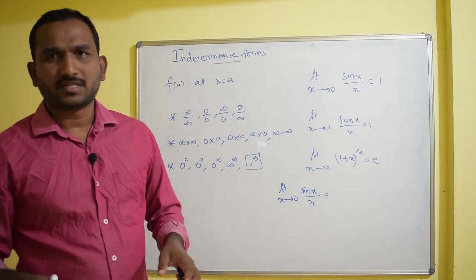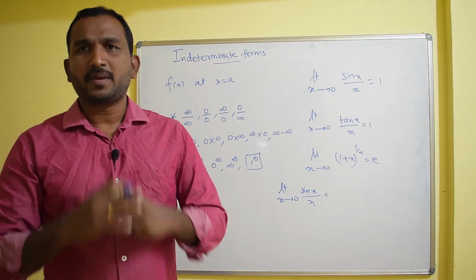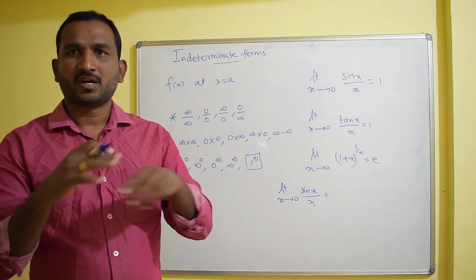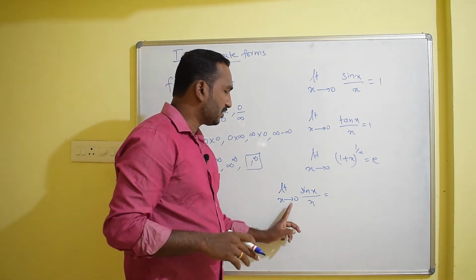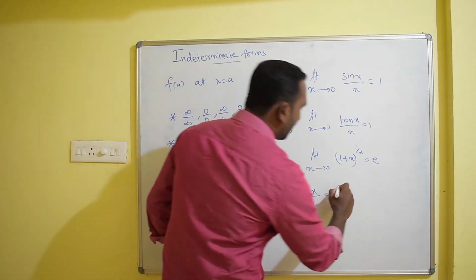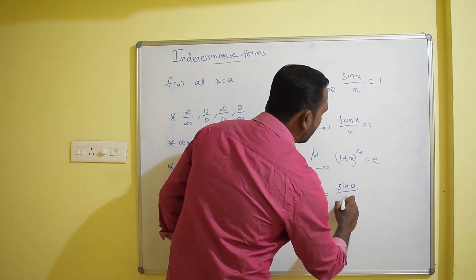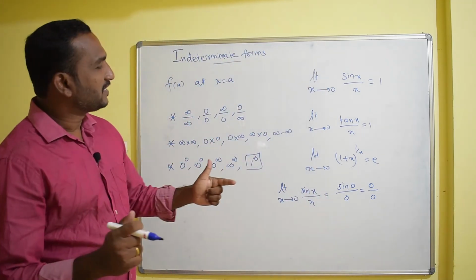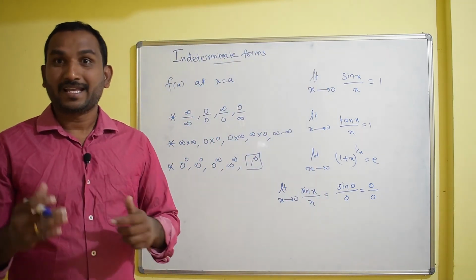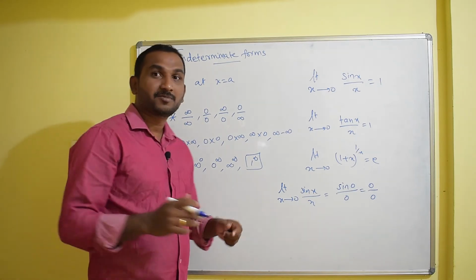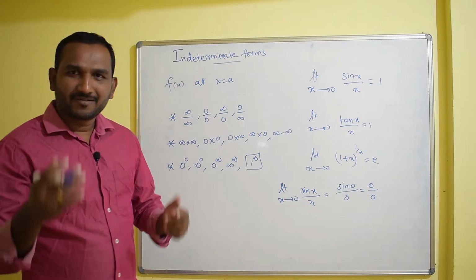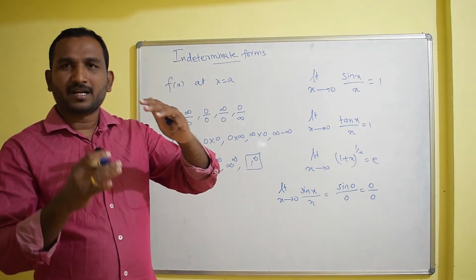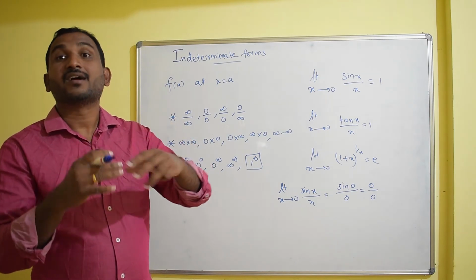After writing the question or given function, immediately apply the limit, whatever the limit is. Here it is 0, so I can write sine 0 by 0, that gives 0 by 0. Yes, we got the a by b form. Now I can apply the L'Hospital rule. What the L'Hospital rule says is that you can differentiate the numerator and the denominator independently, or separately.